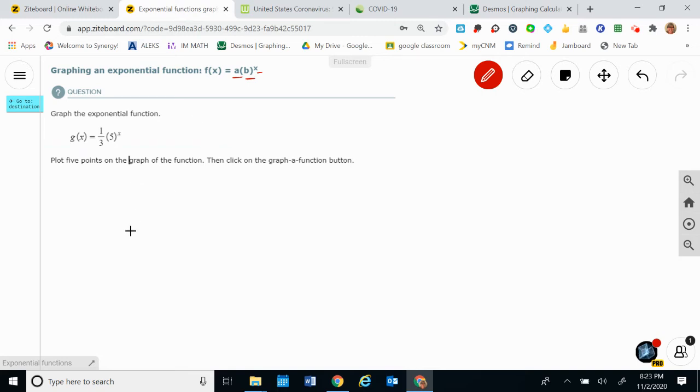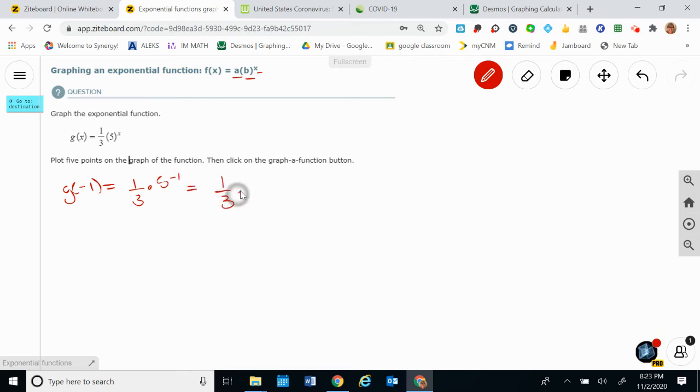Okay, so that's all we're going to do. I'm going to plug it in. So you make a table or you just plug it in like this. Let's do g of -1. Okay, let's go all the way to -1. So 1/3, actually that's very typical of what I do. I typically do like -1.